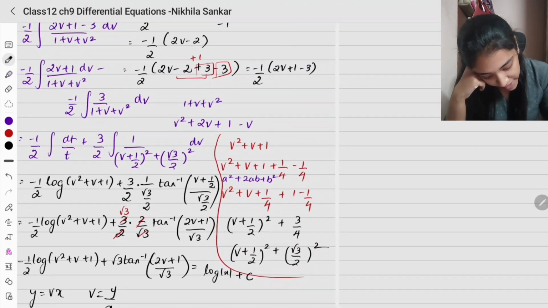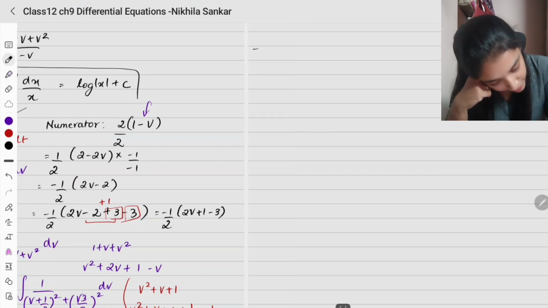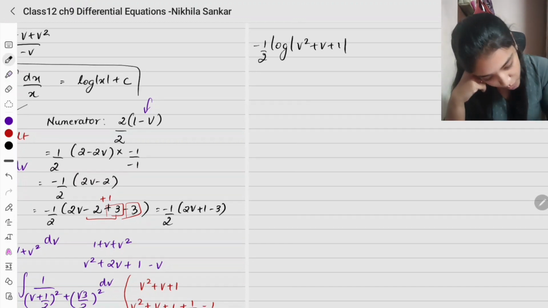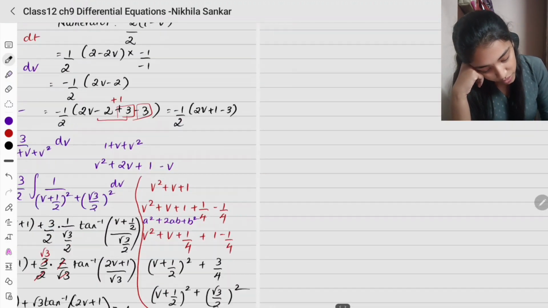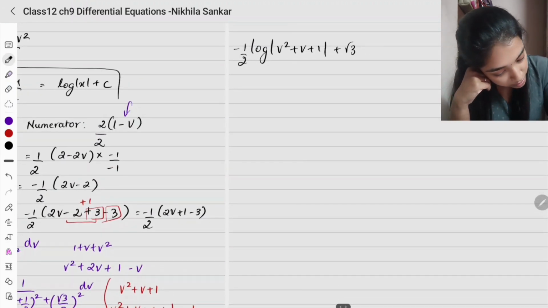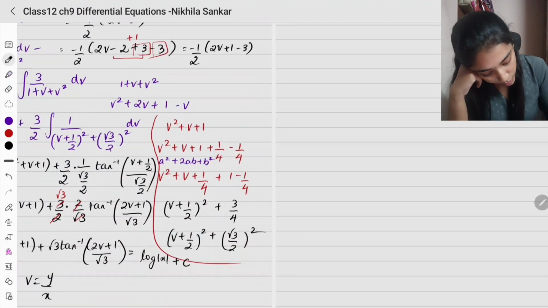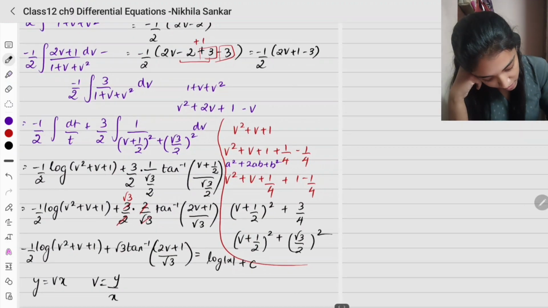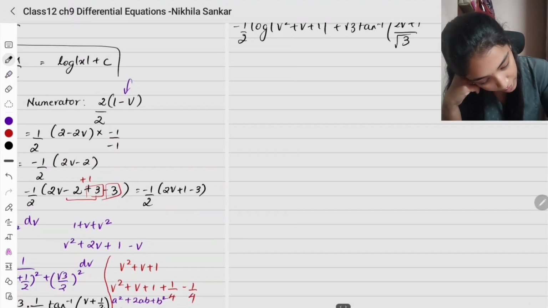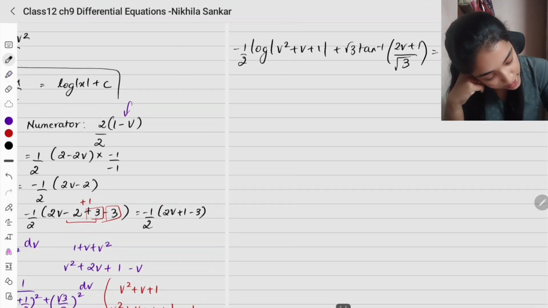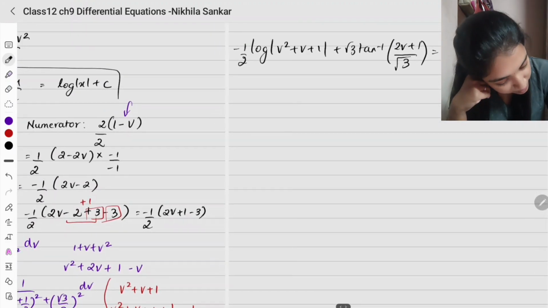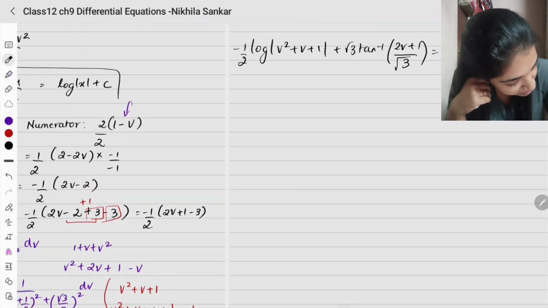So what will I have? Minus half, I'll write it here, minus half log of v square plus v plus 1 times what do I have? Plus root 3 tan inverse of 2v plus 1 divided by root 3 equals log x plus c. Log mod x plus c.